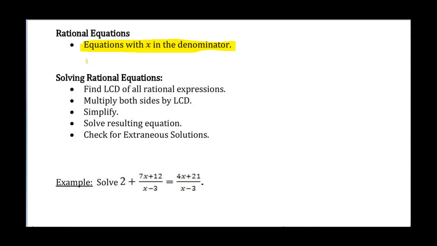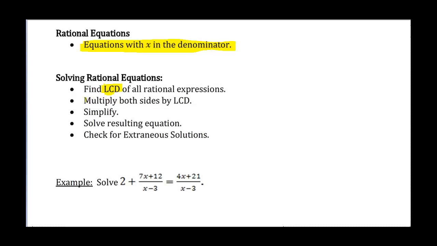I've given some steps here on how we solve rational equations. First, we're going to find the LCD of all of our rational expressions in the equation. Since we have an equation, we're actually solving now instead of just simplifying.